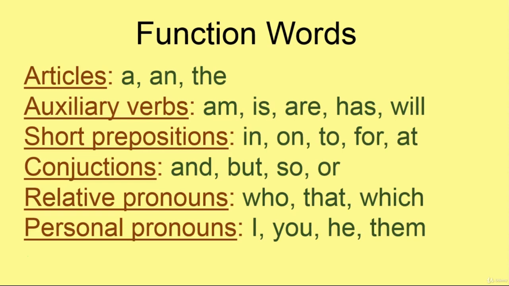Here are some examples of function words. The parts of speech that are most often used as function words are articles such as a, an, the, auxiliary verbs am, is, are, has, will. Short prepositions are function words: in, on, to, for, at.